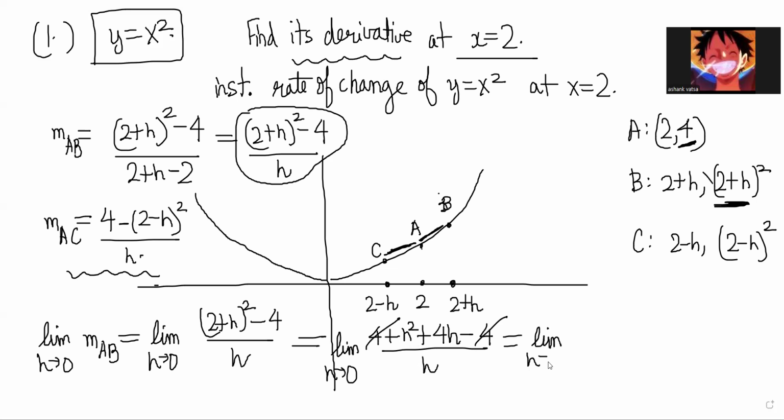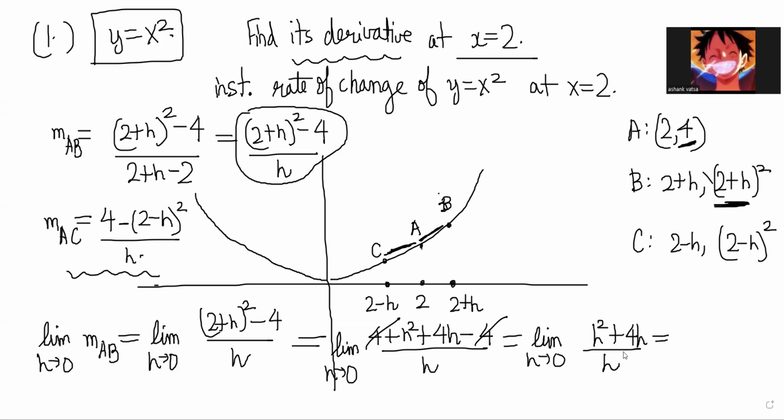Can you directly put the value of h here? No, you can't because you have divide by 0. Does it make sense? It doesn't, because you cannot divide anything by 0, right? What can you do, however? Can you cancel an h?